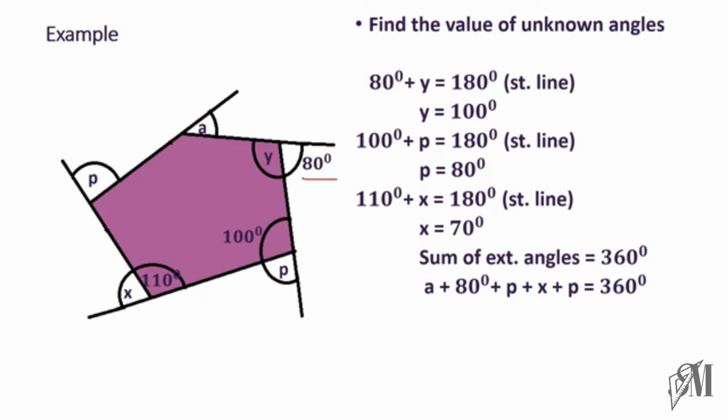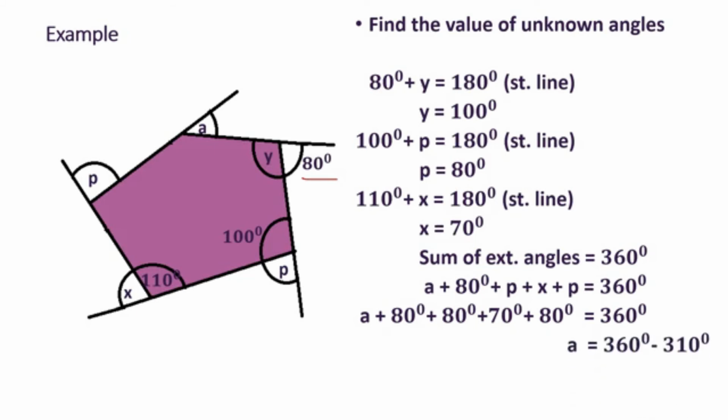So now I'm going to substitute the values I have already found, and only A is to be found. Both the P's will be equal to 80 degrees. And then once you make A the subject, you will get A is equal to 360 minus 310. So A becomes 50 degrees. So this is how you work out with exterior angles of a polygon.